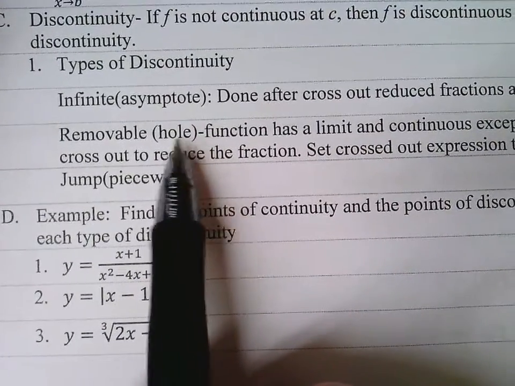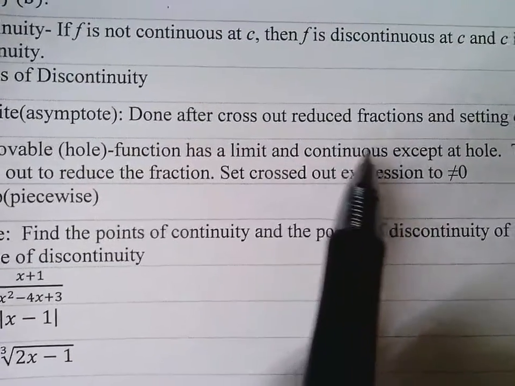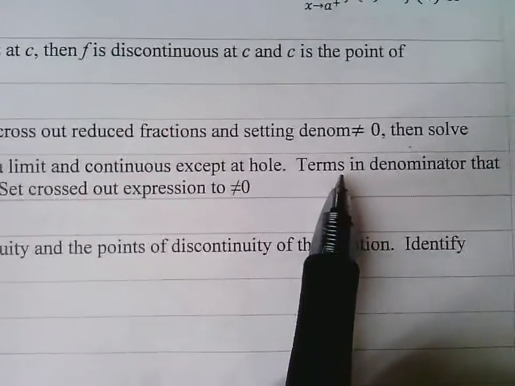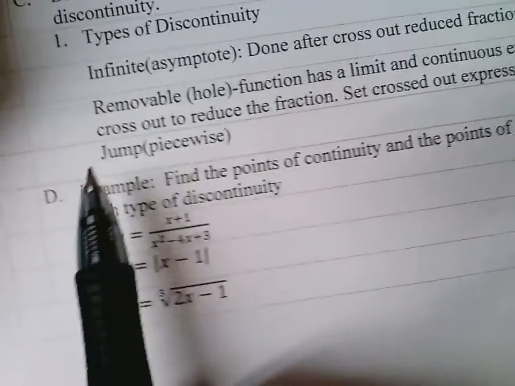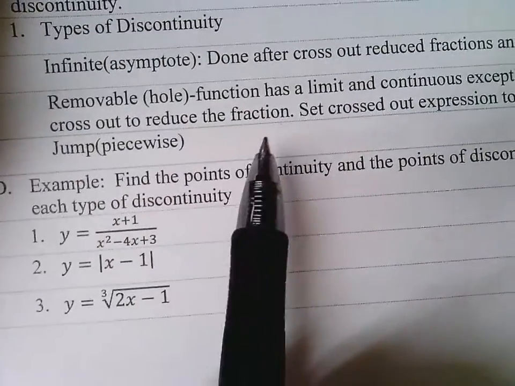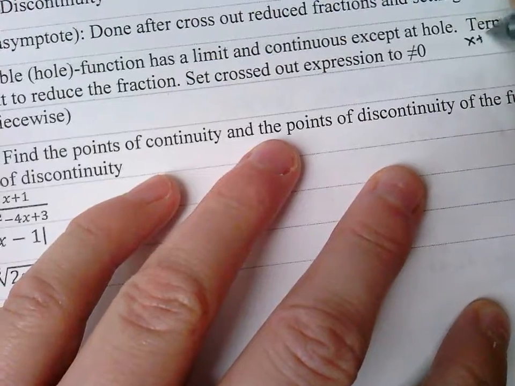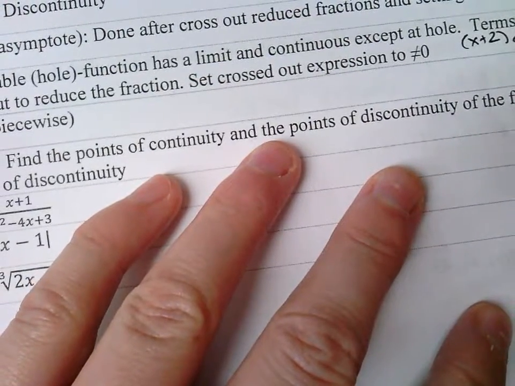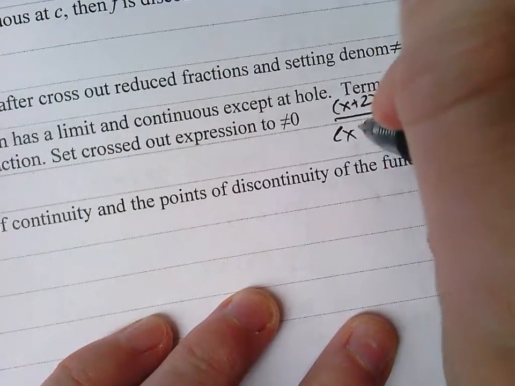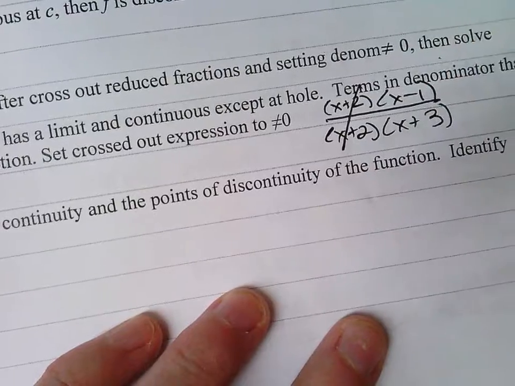So a removable discontinuity is a function that has a limit and is continuous except at the hole. So the terms in the denominator that cross out to reduce the fraction. Okay, so these will be the terms in a rational expression. So if you had x plus 2, x minus 1 over x plus 2, x plus 3, the hole would be right there.